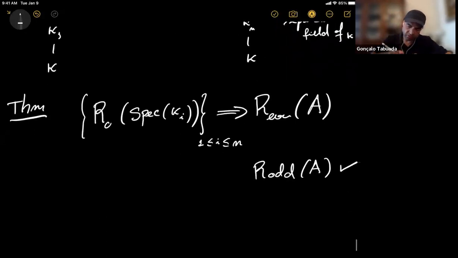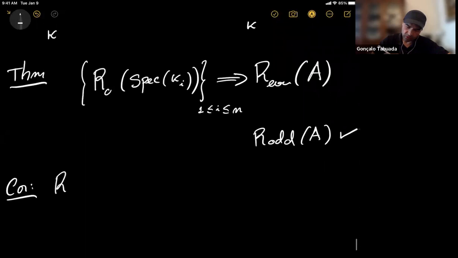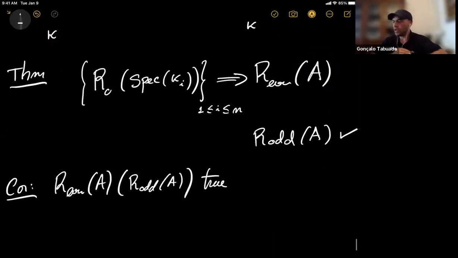And so in particular, the corollary is that this conjecture here, the Riemann hypothesis for A, and even the odd version, is actually true. So the Riemann hypothesis is true when you are in positive characteristic.